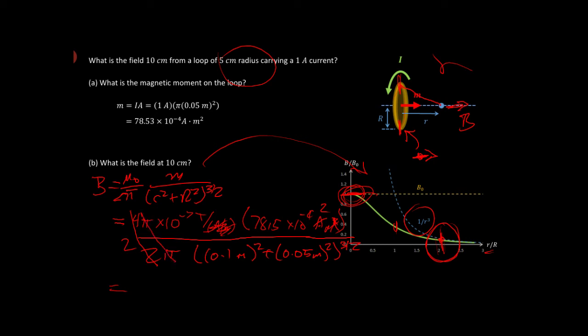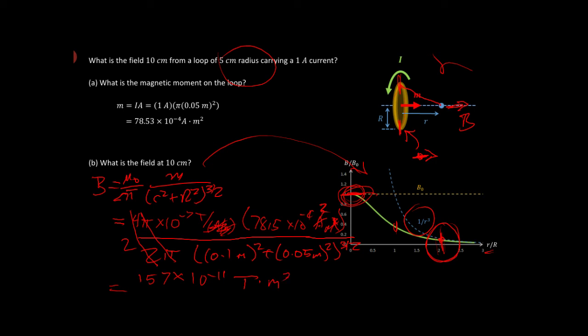So the 2 pi goes into 4 pi twice. I have 78.5, so that gives us something like 157 times 10 to the minus 11 Tesla meters cubed.